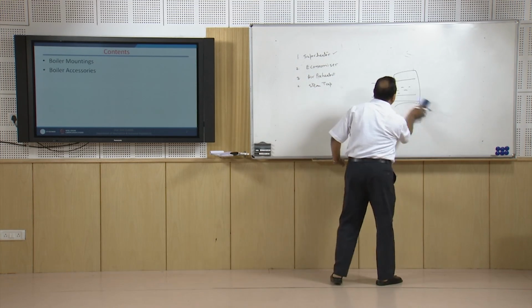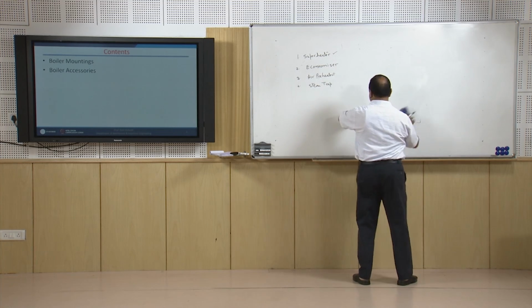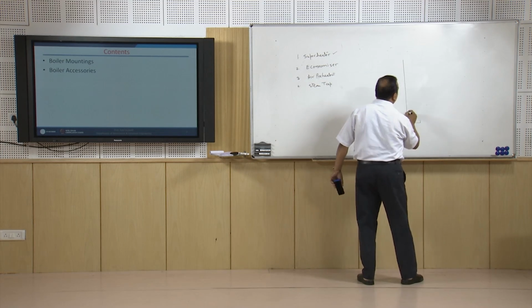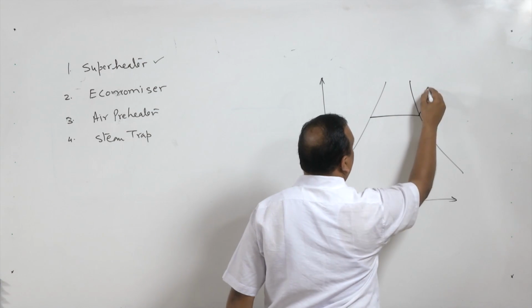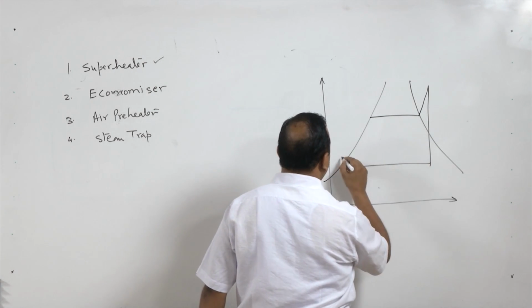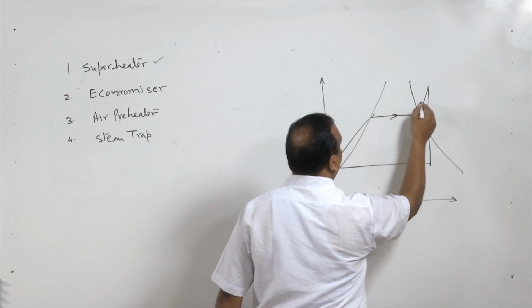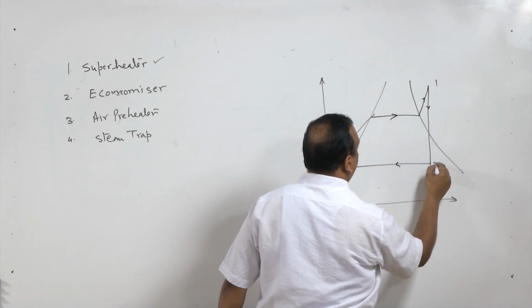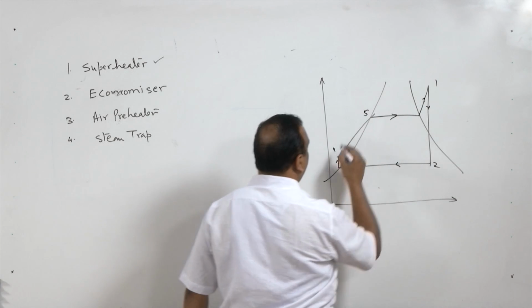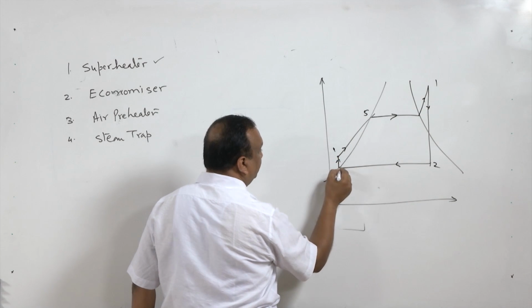So, if feed water is heated, if you look at the Rankine cycle, this is feed water, this is high pressure feed water.